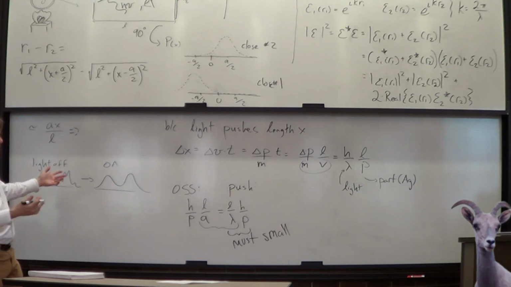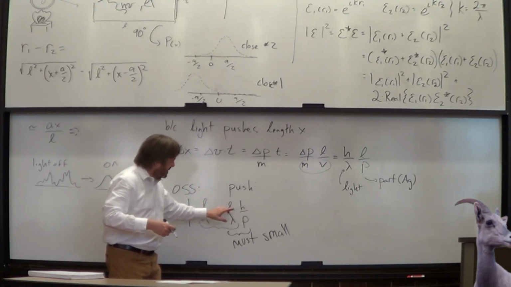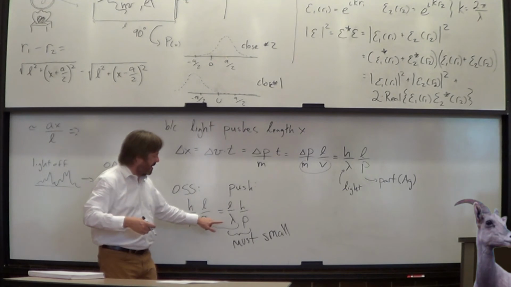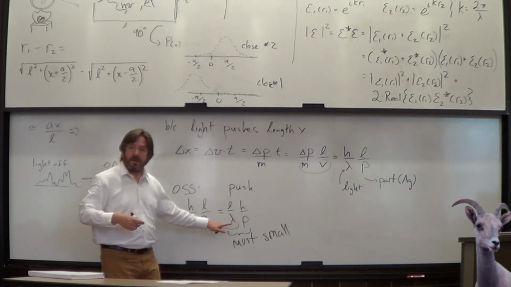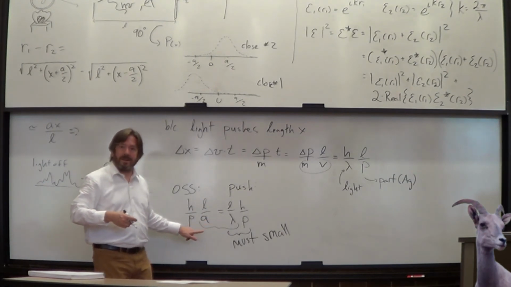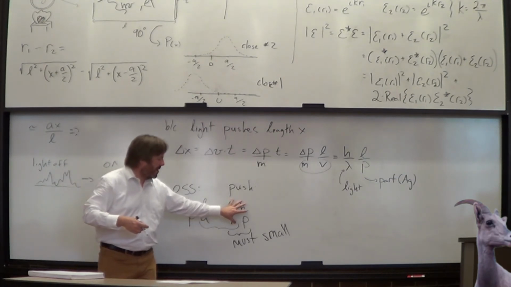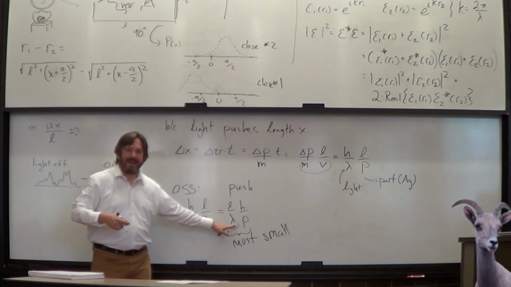In fact, that seems to be probably what's happening. If this is going to be smaller than this, the only thing that's different is lambda and a. So that means lambda has to be smaller than the distance between the two slits. Which one? Come on, it's middle school. If this is going to be small, that has to be big, right? Bigger than a.